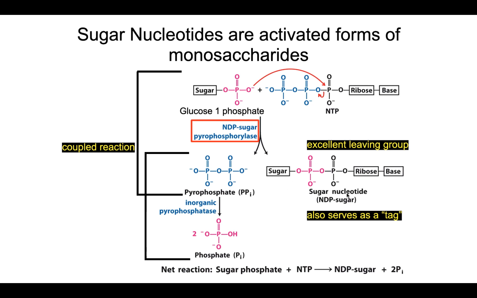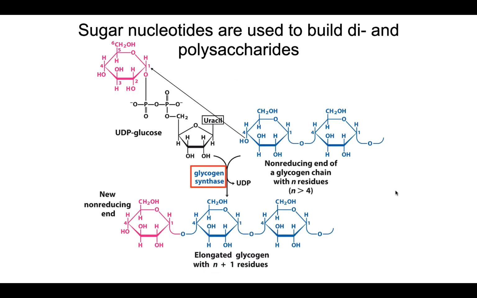It also serves as a tag for the cell to determine that this sugar is bound to be added to a glycogen molecule. Here we have our growing glycogen molecule. This is the non-reducing end, so that's our carbon 4.